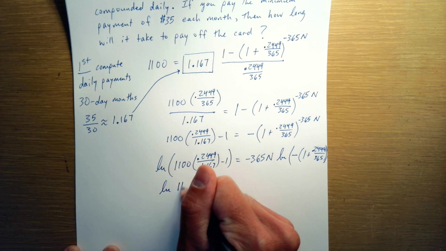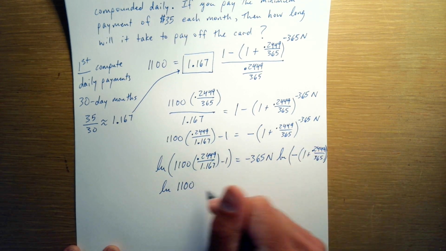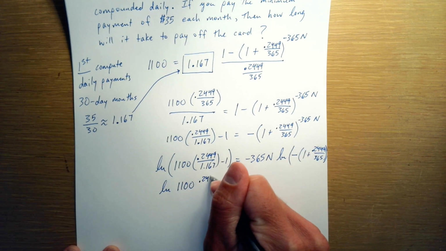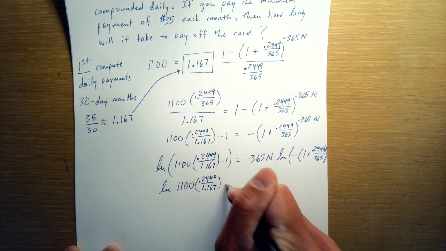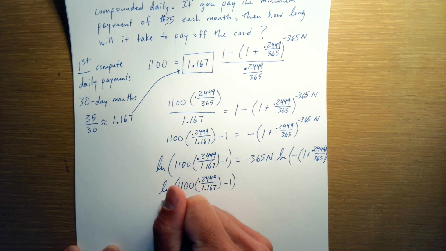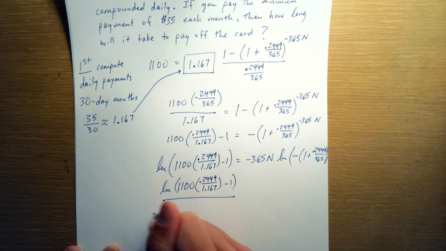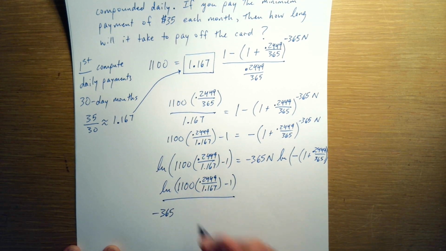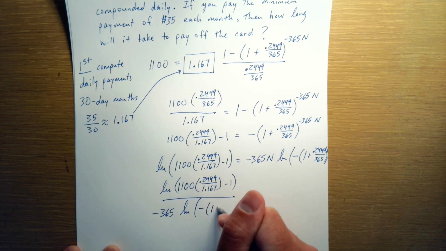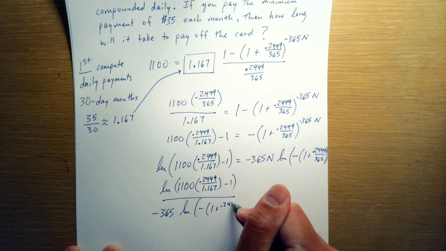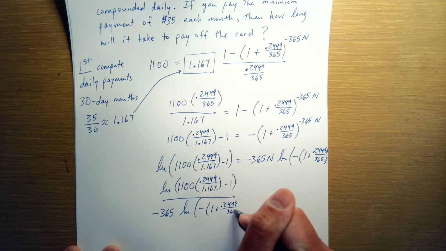and after you divide everything out besides the n, here you'll get negative 365 in the bottom, times natural log of negative 1 plus 0.2449 over 365.